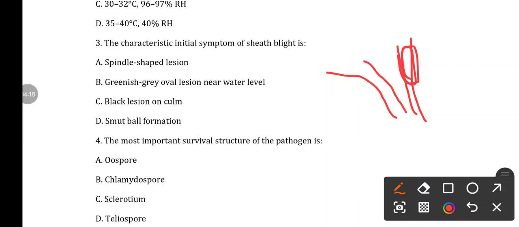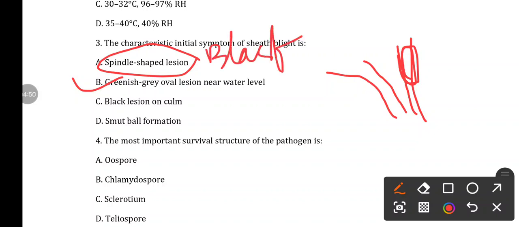Later the central portion will become grayish with a brownish margin, which ultimately affects the upper leaf blade also, and the entire sheath will become blighted. So the initial characteristic symptom is greenish oval lesion near water level. Spindle shaped lesion is characteristic of rice blast.